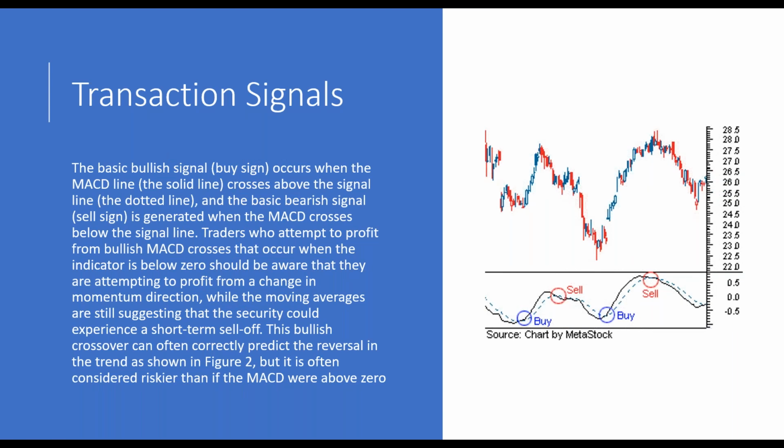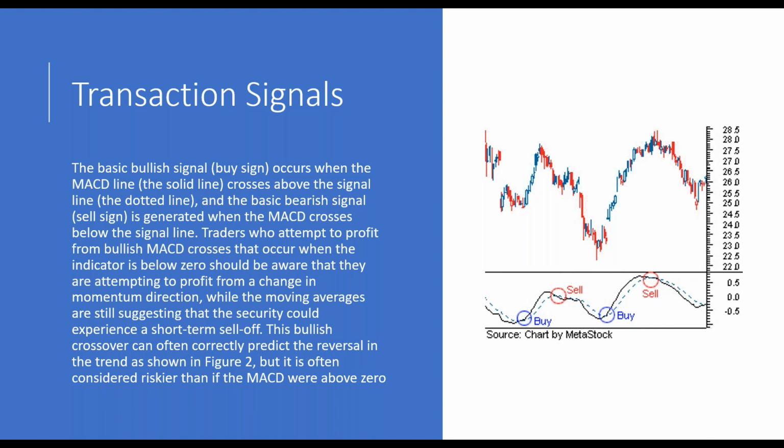So when we looked at it on our charts, the MACD line was what we had in red, and we put our MACD signal line in the blue. So in other words, when the red line crosses above the blue line, that is bullish. The basic bearish signal is generated when the blue line crosses the red line.